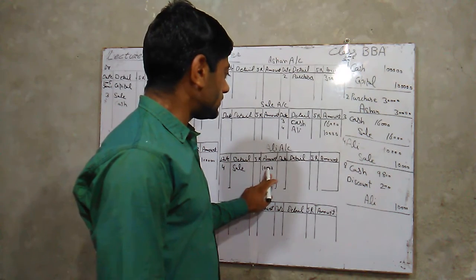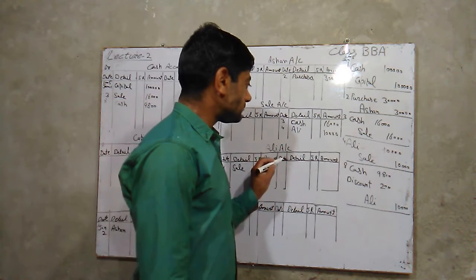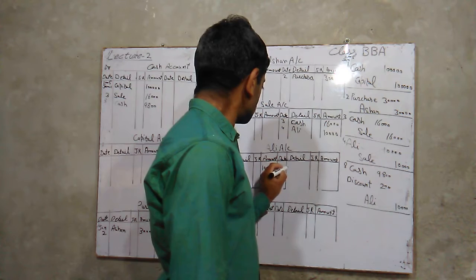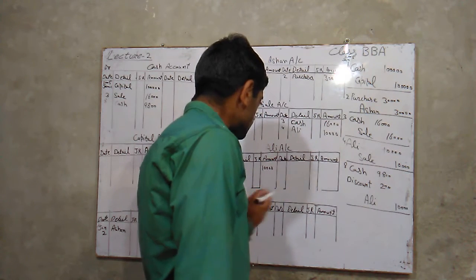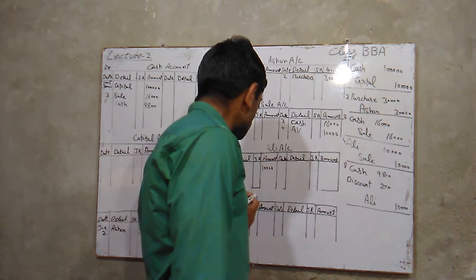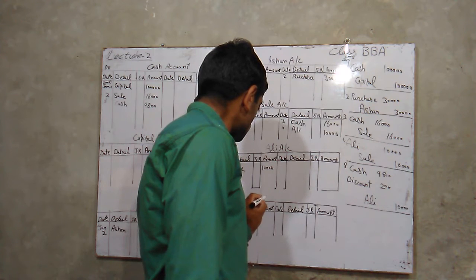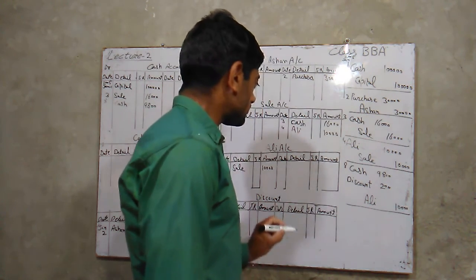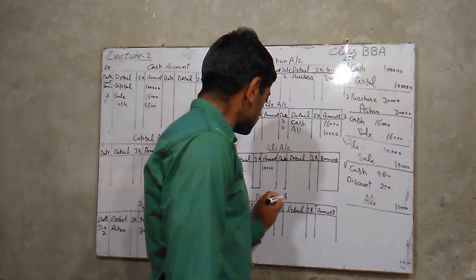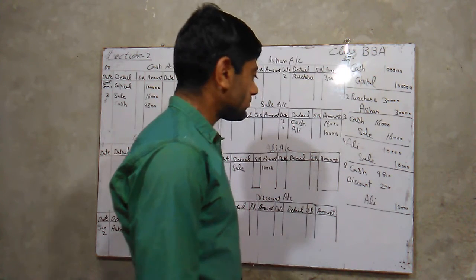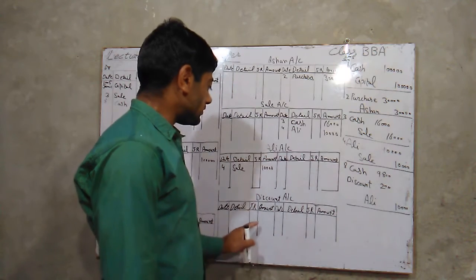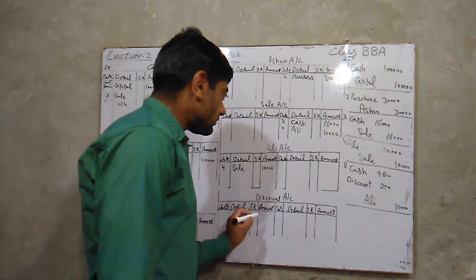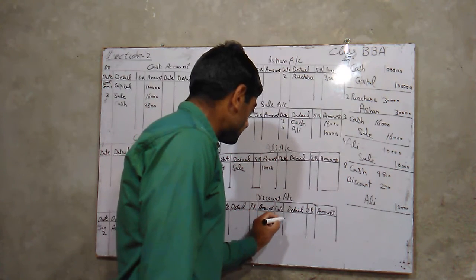Then the discount account; first we mention the debit account. Discount account, debit due to Ali.